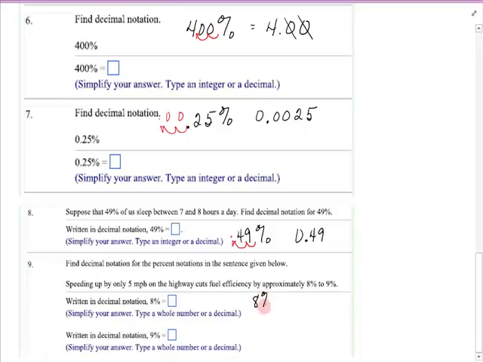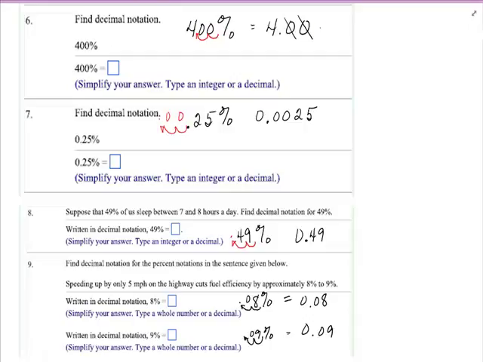Well, 8%, pick up the decimal and go 1, 2 to the left, drop the decimal point, add a 0, 0.08, 0 in front. 9%, pick up the decimal, go 1, 2 to the left, add in a 0, it's 0.09 with a 0 in front. I think Math Lab likes that 0 in front. It does not like the zeros behind. I'm not 100% sure whether it will count it right or wrong based on those zeros, so you can find out. And remember, you get 3 chances at every question.